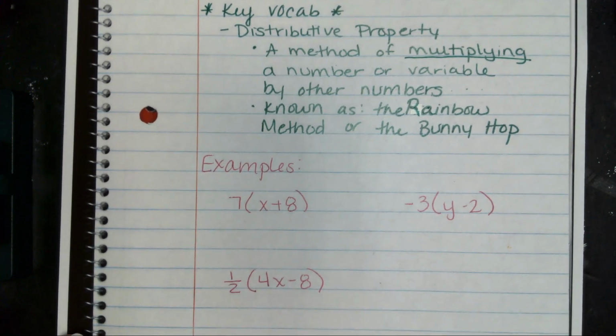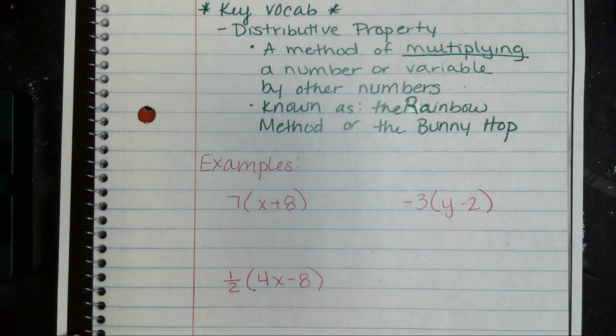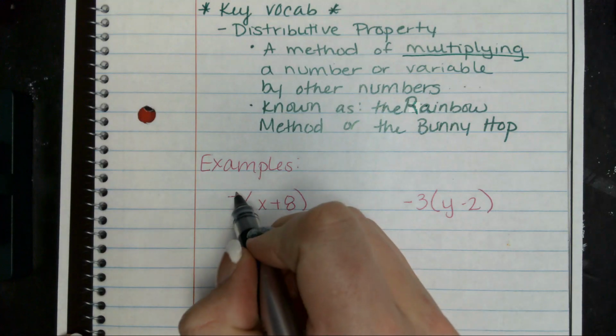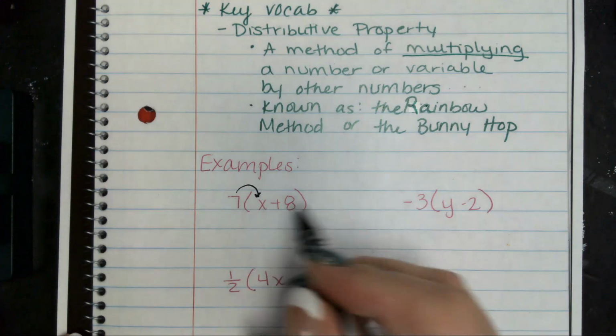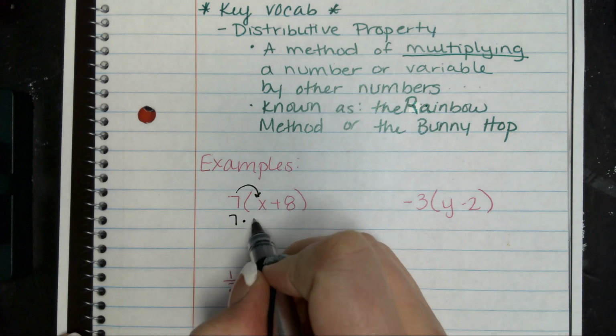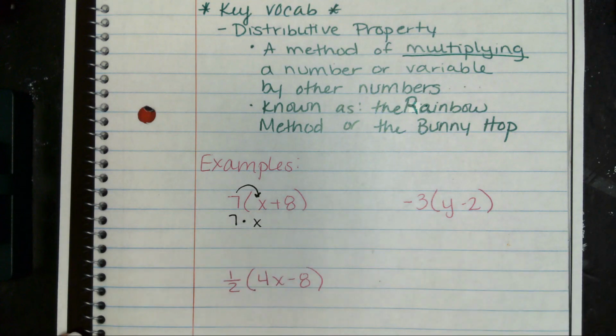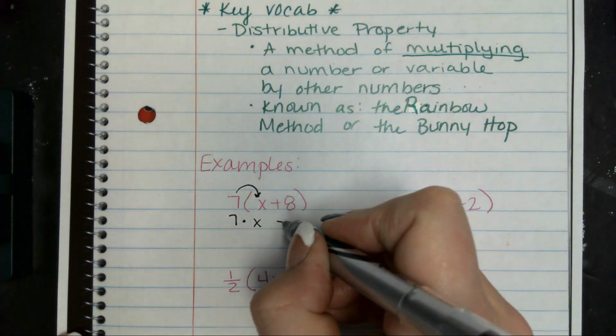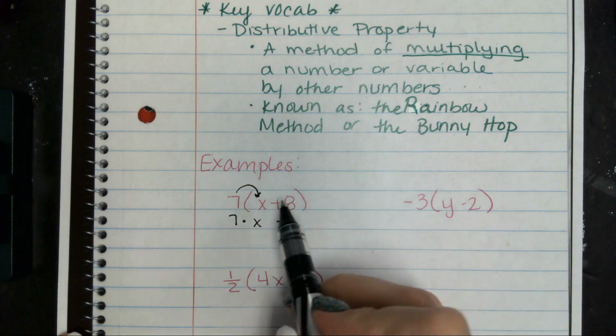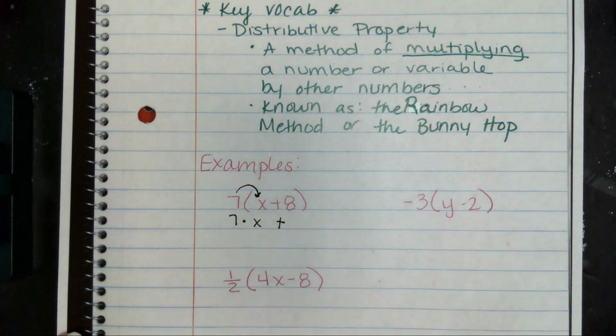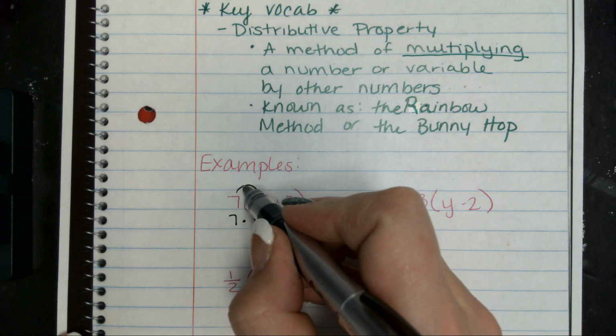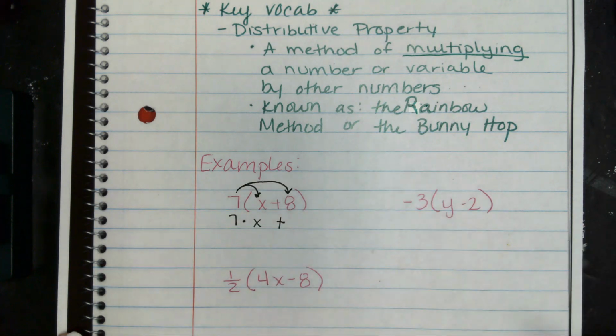So if I have the problem 7 parentheses x plus 8, I'm going to distribute or multiply my 7 to the x. So I'm going to write 7 times x. Now I'm going to put the plus sign because I have a plus sign separating my x and my 8. And I'm going to go 7 times 8, and I'm going to write that down as well.